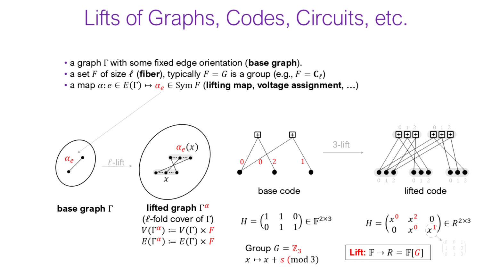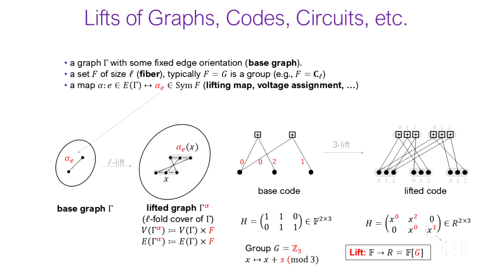This lifted code can be very naturally represented by a matrix in which the elements are elements of a ring, not of the field, but of the ring. This ring is known as a group algebra.